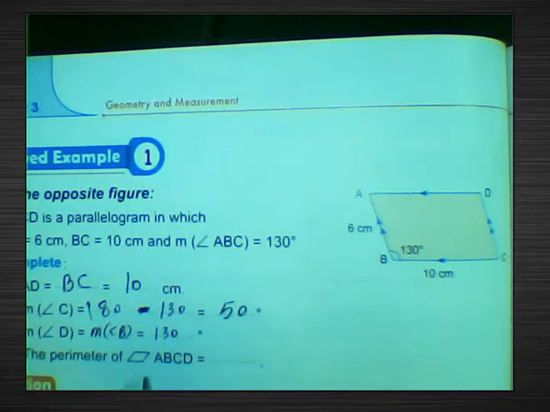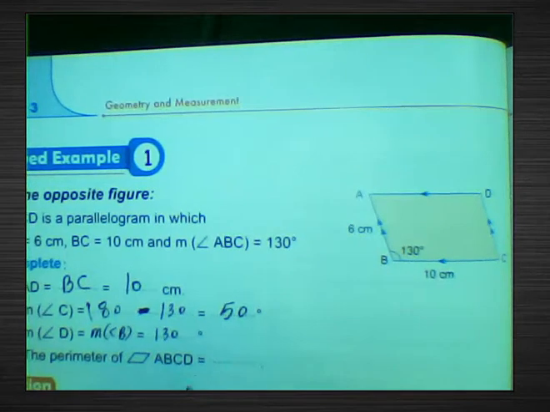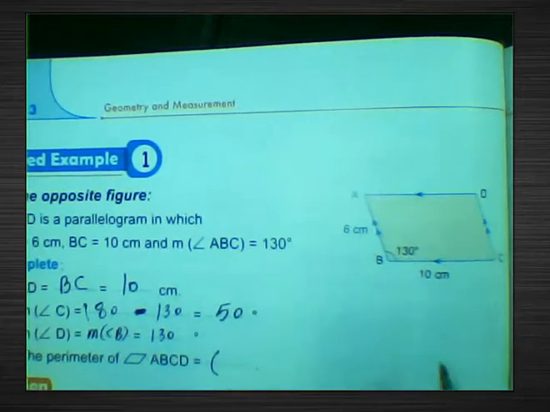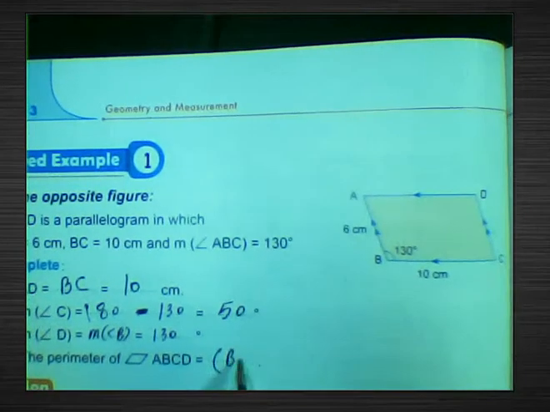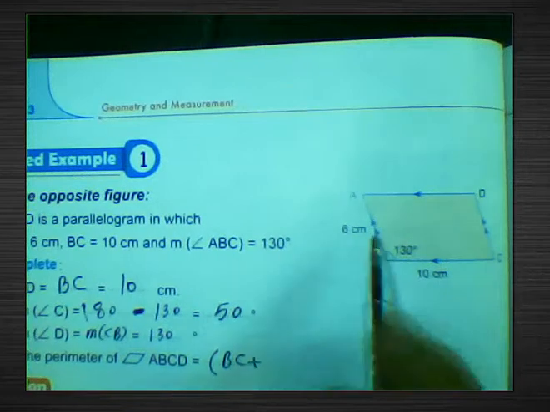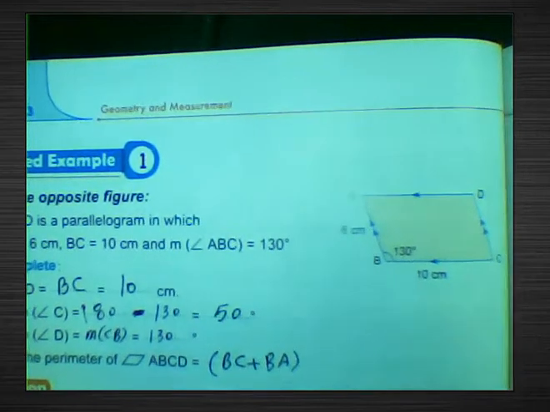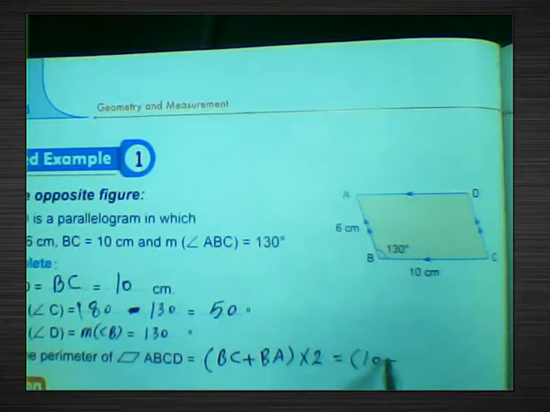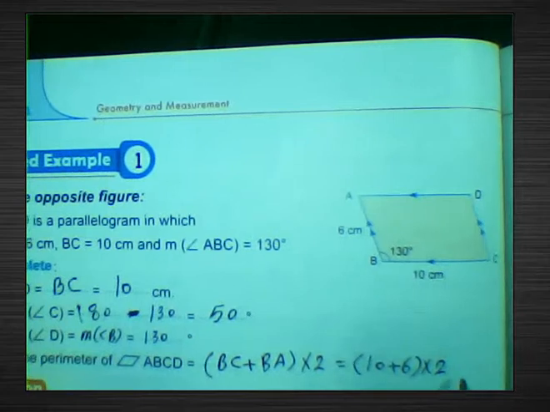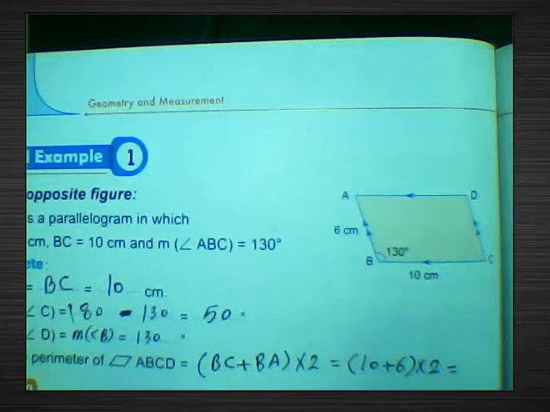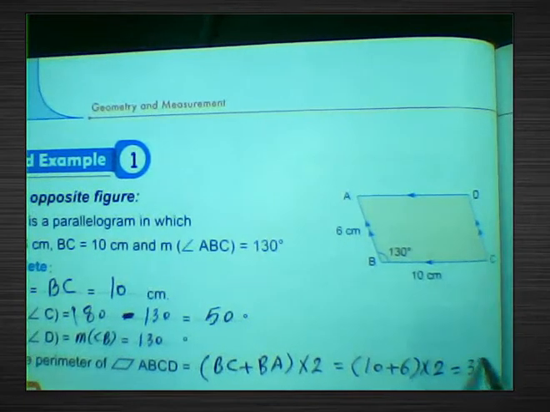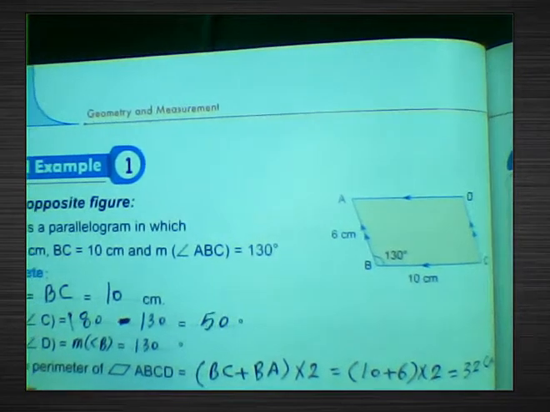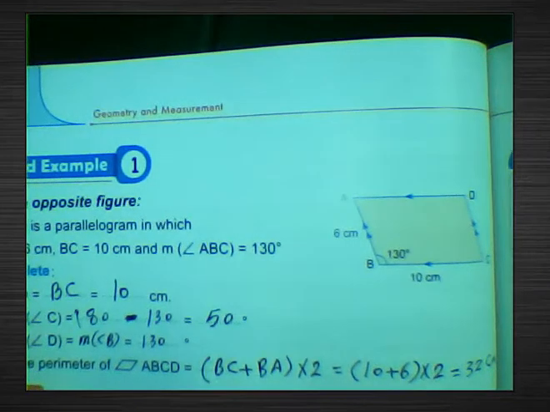The perimeter of parallelogram ABCD equals, we write, the side length of BC plus the side length of AB in brackets times 2, equals 10 plus 6 times 2. The result will be 16 times 2 equals 32 centimeters. This is the perimeter of the parallelogram.